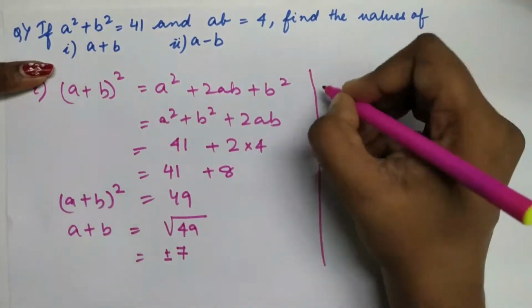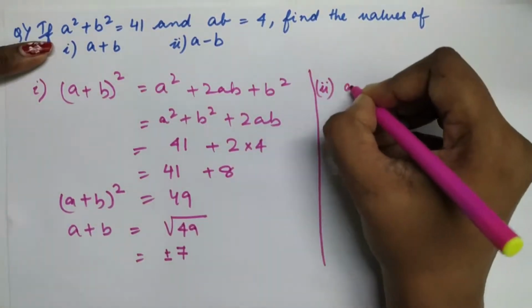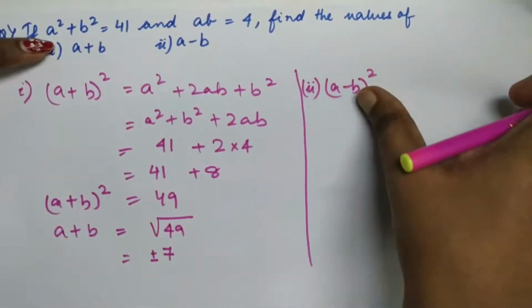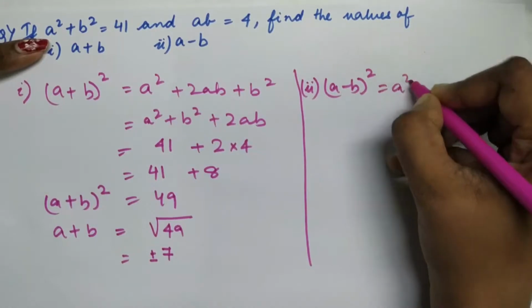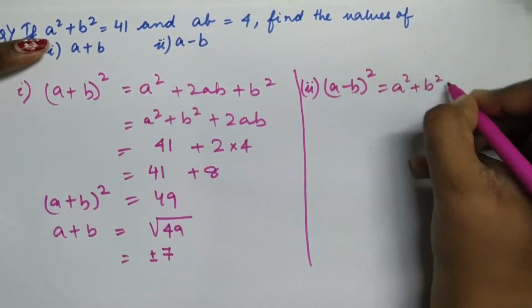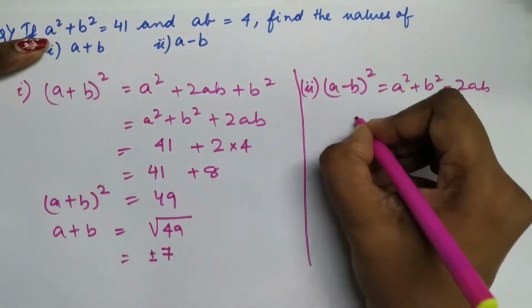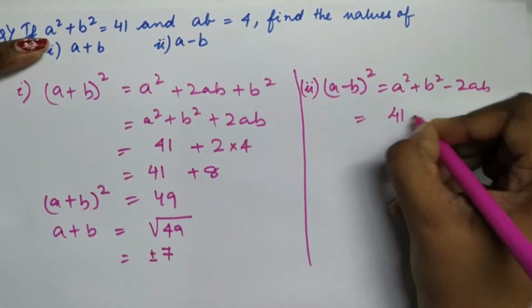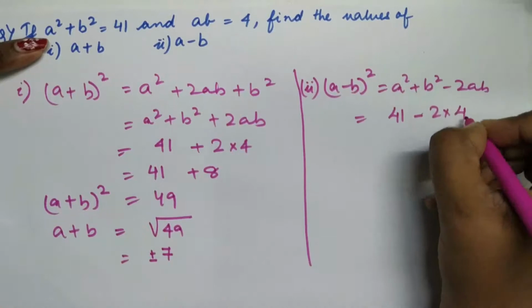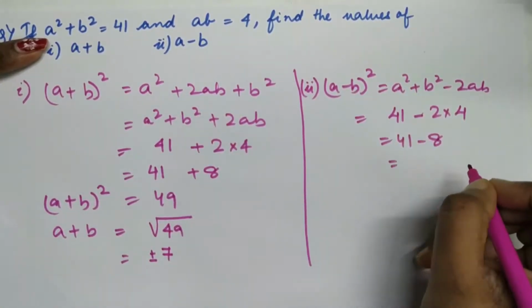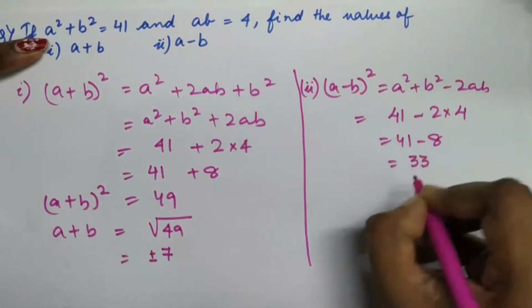And for bit 2, we want to get a minus b. So we will do a minus b whole square. Again we will get this value. I've just already rearranged and written. So a square plus b square I know is 41, minus 2 into ab, which is 4. So 41 minus 8 is 33.